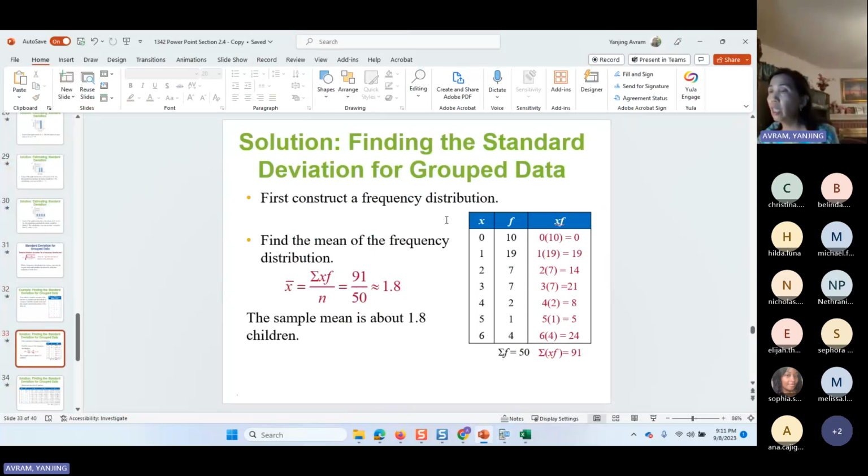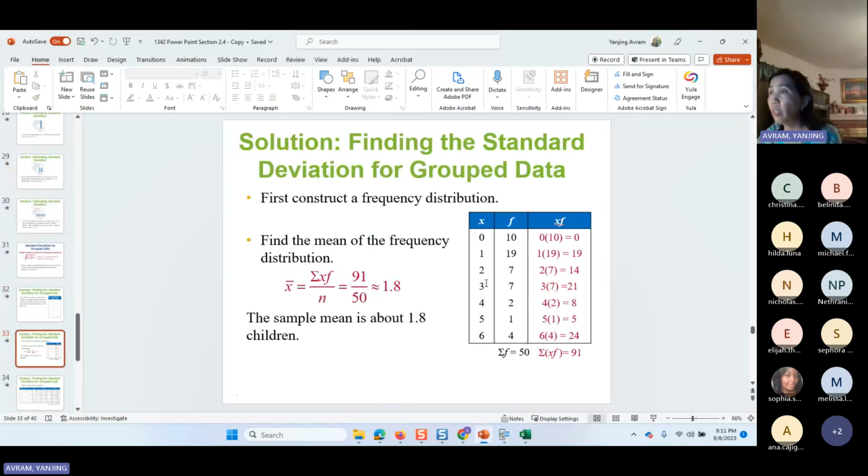So look at this one right here. We have this group of data, right? We have x is 0, frequency is 10, x is 1, frequency is 19. So how do I find the standard deviation for this group of data? If I have this table already, I just input my x into L1 and input this into L2.